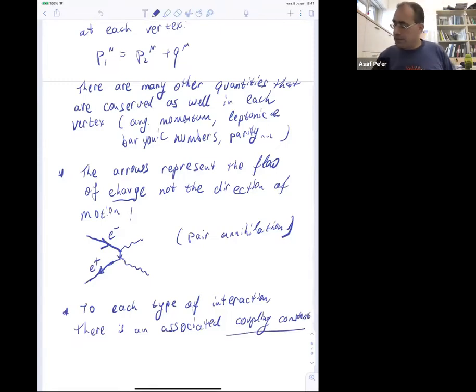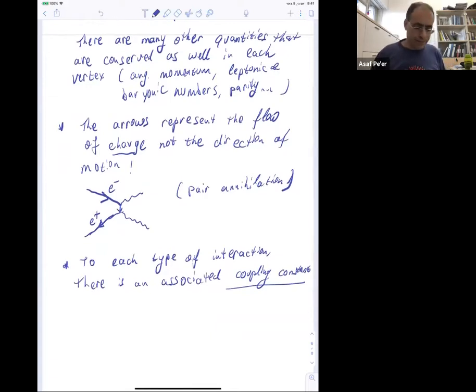Again, traditionally, this is also denoted by the letter G. So the coupling constant represents the strength of the interaction. The correct way of thinking of it is as the probability of the spin-half fermion to absorb or emit the relevant boson.